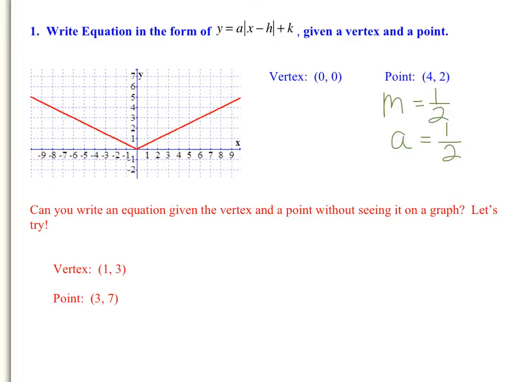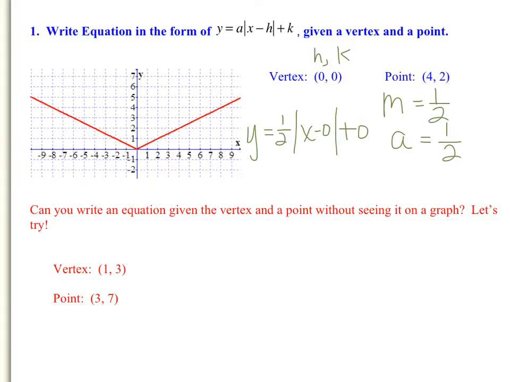Knowing that the x-coordinate of this vertex is the h value and that the y-coordinate of this vertex is the k value in our equation, we are now ready to write the equation. So we will start out with y equals, and our a value is 1/2 times the absolute value of x minus 0 plus 0.